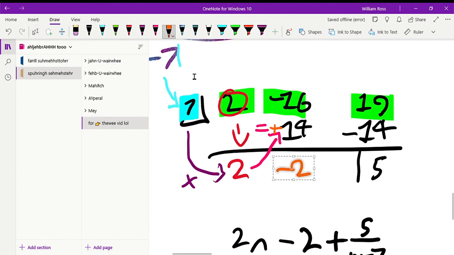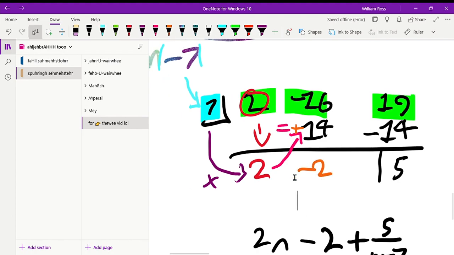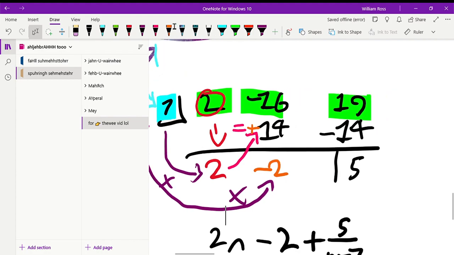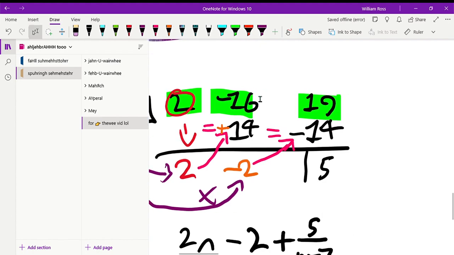And then the sum will go here. Then multiply again. Then I think it's called a product. Yeah, the product will go over here, and then you add again, and then you get the remainder.